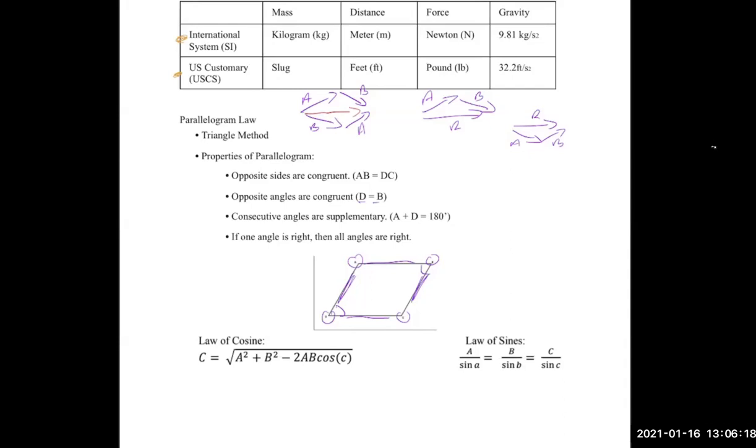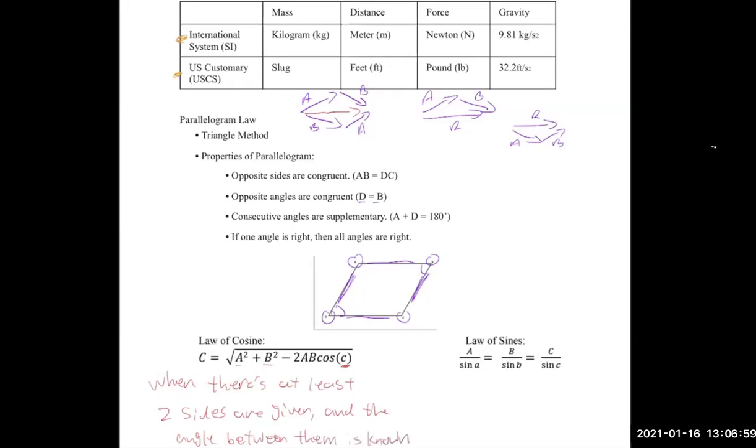But I do want to talk about what the law of sines and the law of cosines are and when to use them. First, we use the law of cosines when at least two sides are given and the angle between those two sides is known.